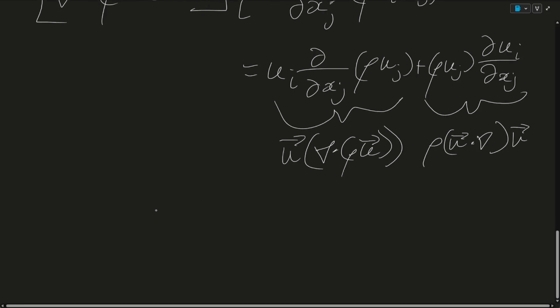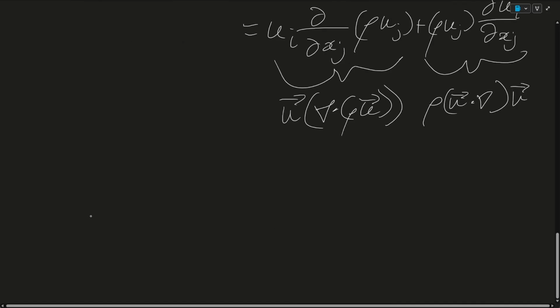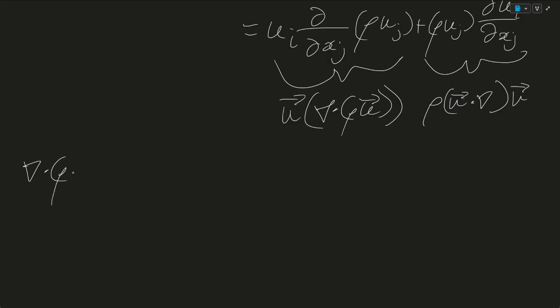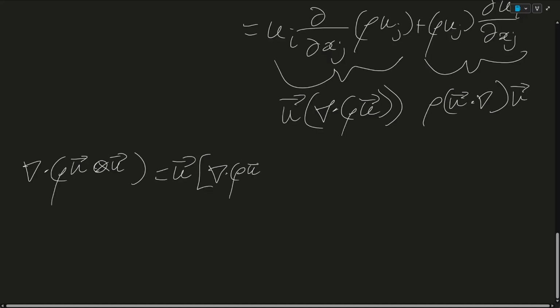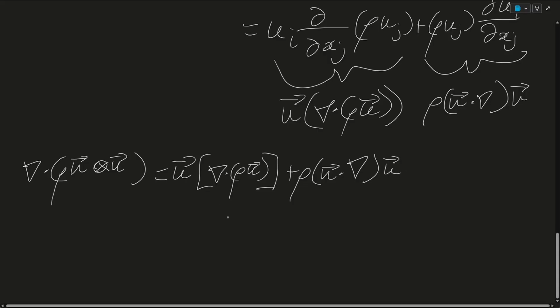And so if we substitute all of this back into our equation, we get that the divergence of rho u cross u is equal to u times the divergence of rho u, plus rho u dot del u. Cool.